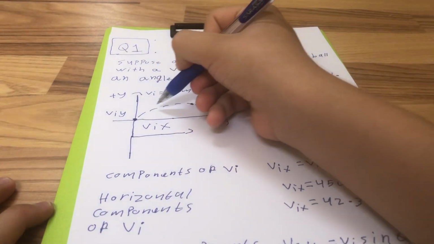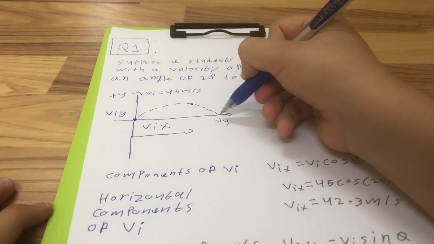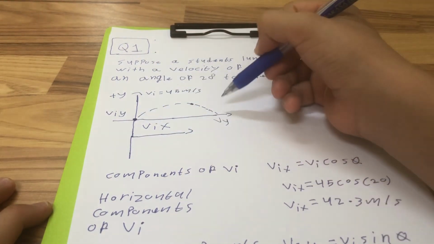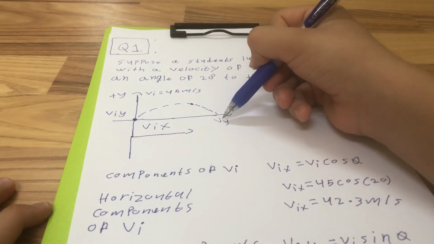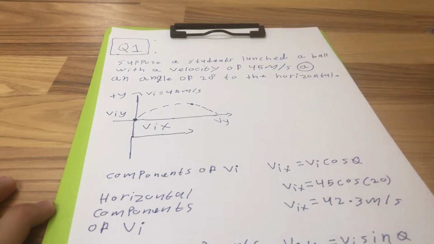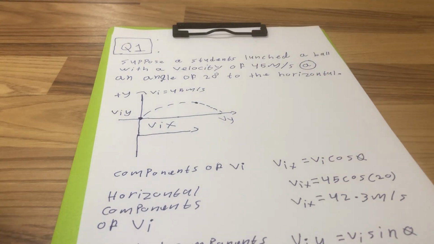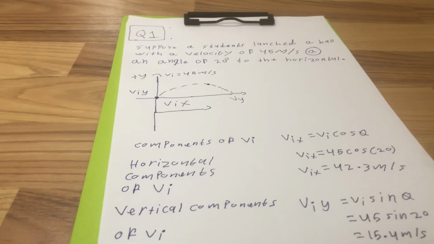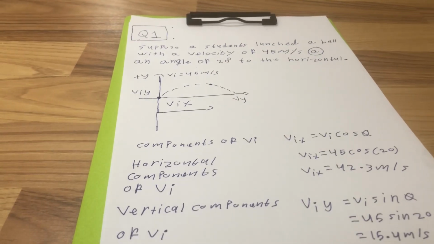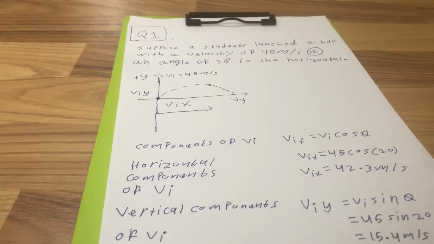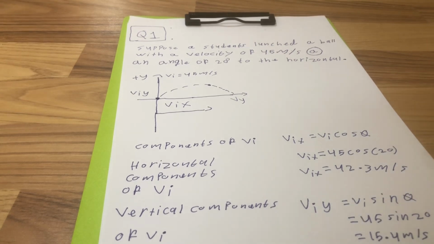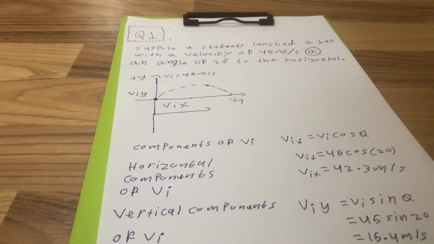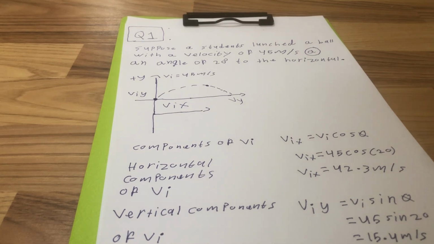The ball is projected as a parabolic trajectory, and here it stops. Now there are horizontal components of VI and vertical components of VI.